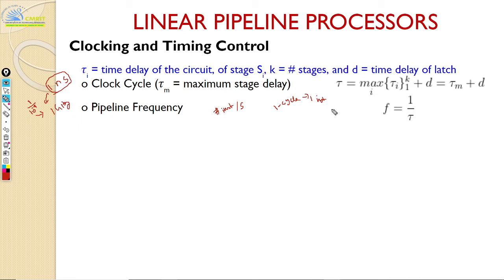One instruction will get executed. That's what we saw, right? After the initial setup is done, everyone has a ball in their hand, and then the clock cycle guy says pass. After the pipeline is full, every clock cycle you get one ball out of it, one instruction. Then what will be your steady state throughput? It is one instruction in one cycle, one instruction per cycle, one IPC. Now you have to convert that to seconds.